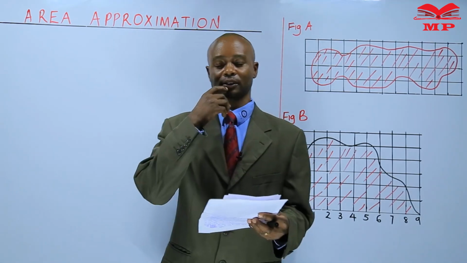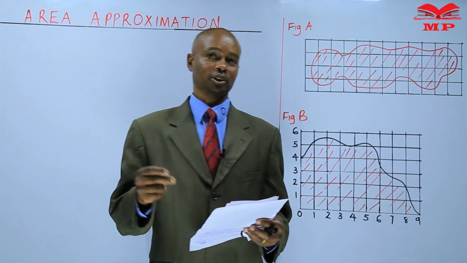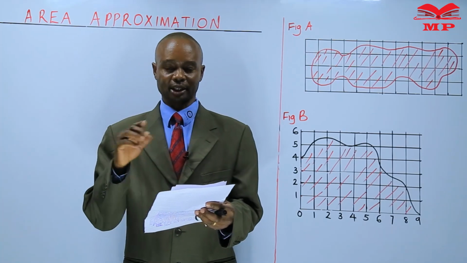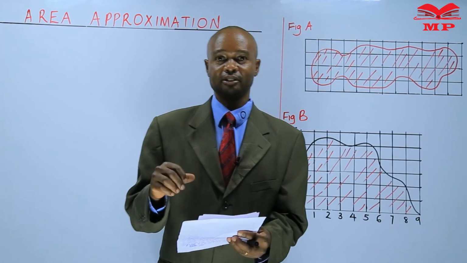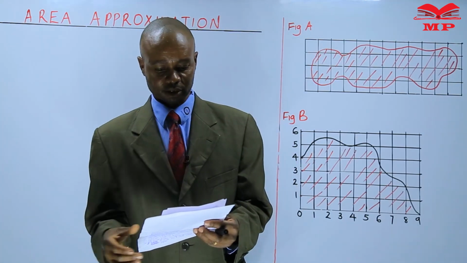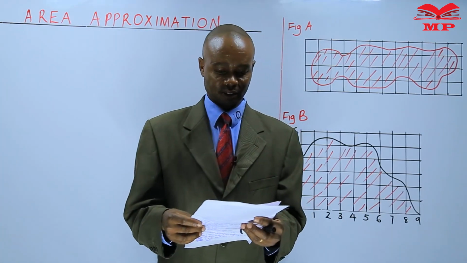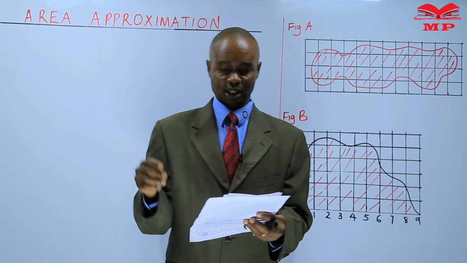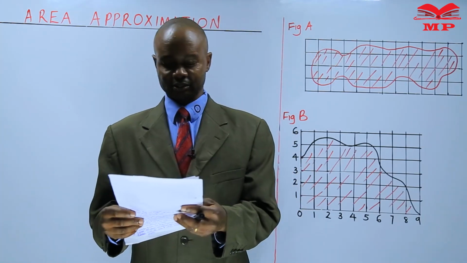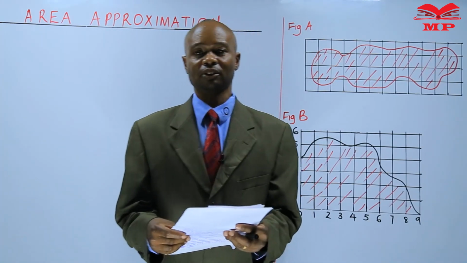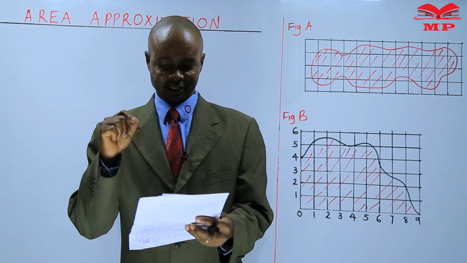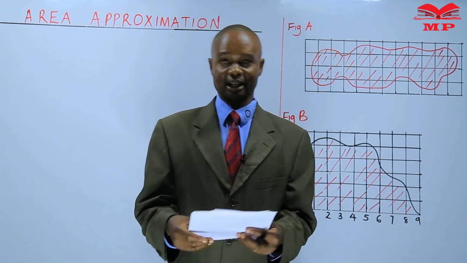By the end of the lesson, the learner should be able to approximate area of irregular shapes by counting technique, derive the trapezium rule, apply the trapezium rule to approximate area of irregular shapes, apply the trapezium rule to approximate area under a curve, derive what we call the mid-ordinate rule, and apply the same rule to calculate area under a curve.